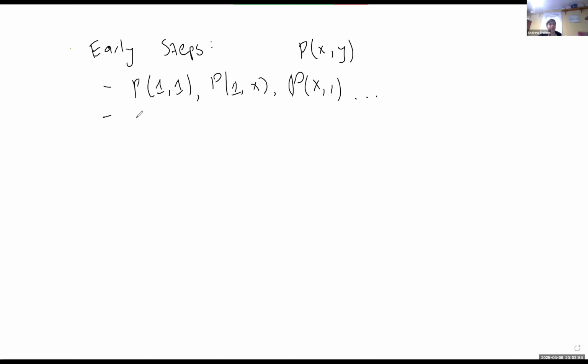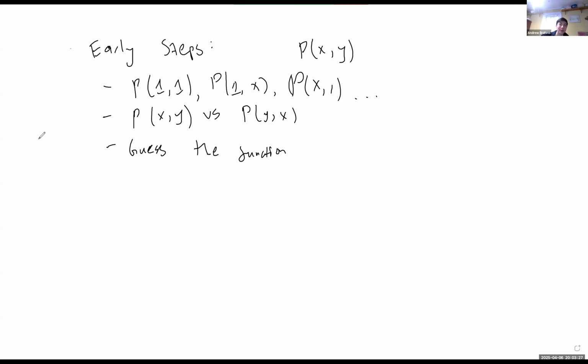There's also the strategy of exploiting symmetry by plugging in P of x, y and comparing that to P of y, x, to see if you can get some shared values within the equation so you can subtract them. And also an early idea is to just guess the function so you know what to look for.